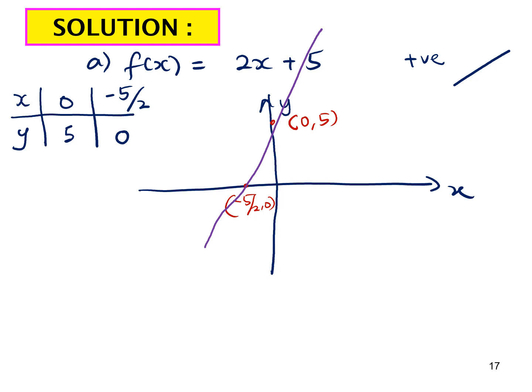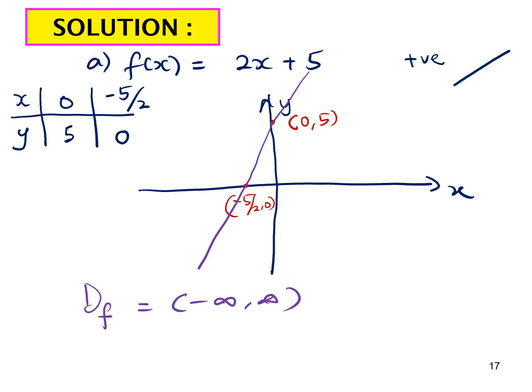Try one more time, because it's not like a straight line there. Okay, so we get these 2 points and join them, and then you can write the domain: negative infinity to infinity, and the range also negative infinity to infinity.